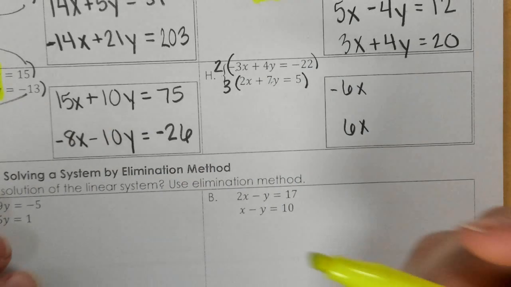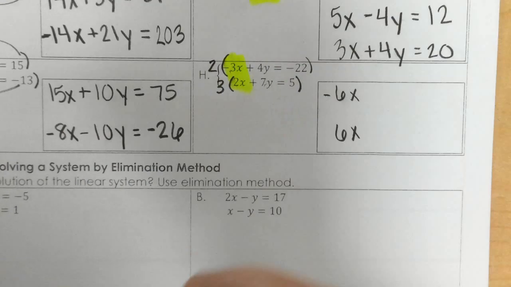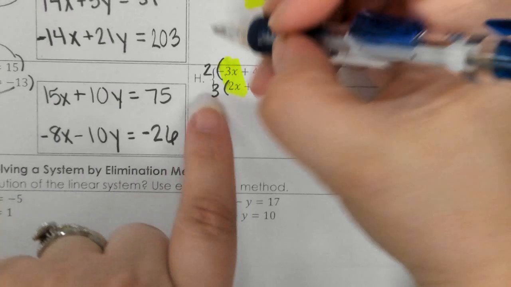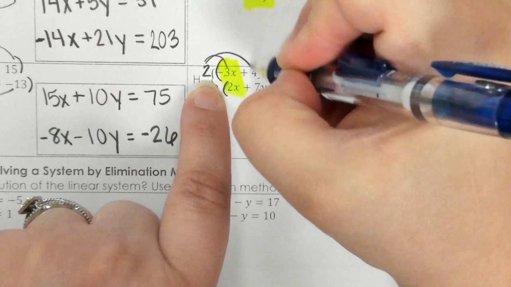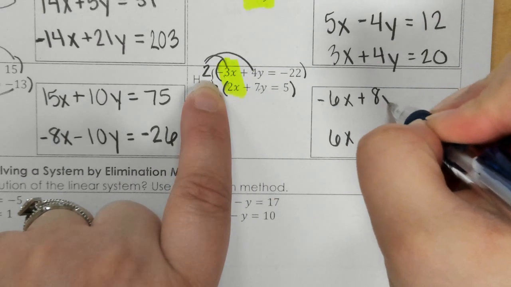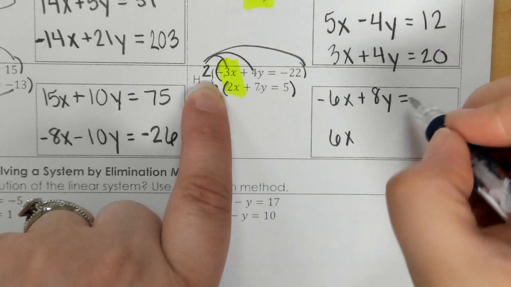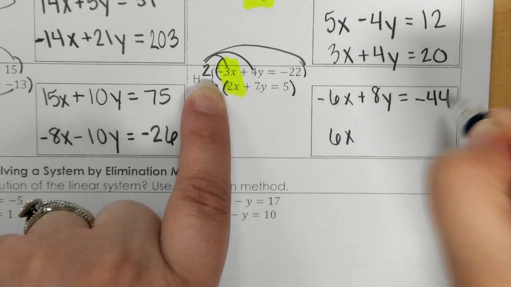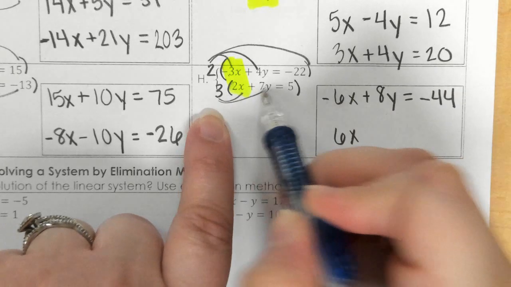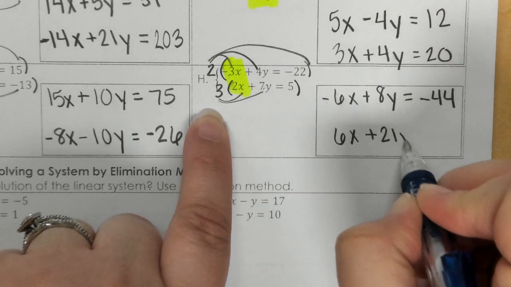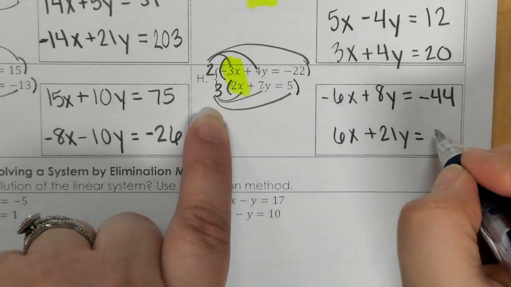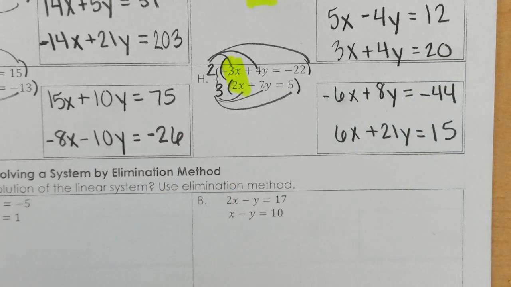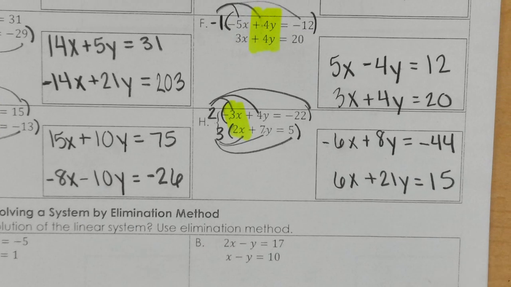So now I could go ahead and distribute. So 2 and then my 3 at the bottom. And that's it for that part.